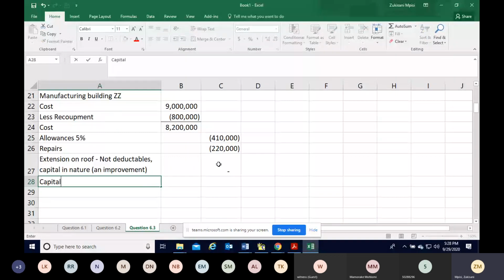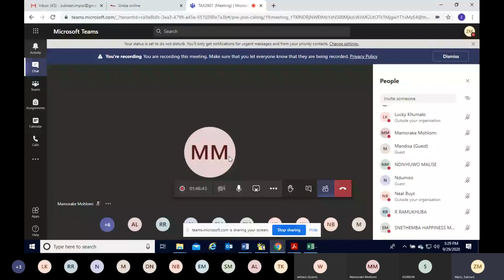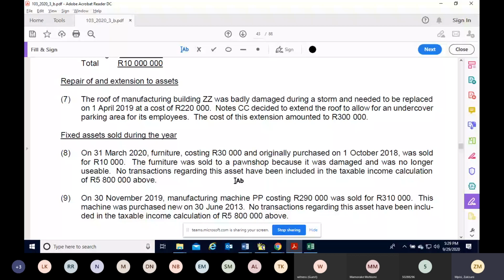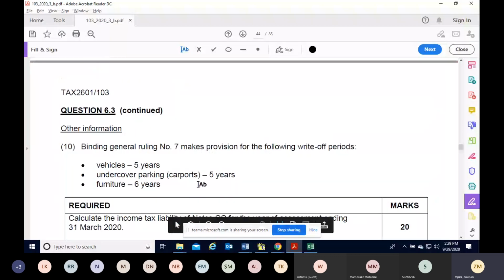Now you've got a new asset called undercover parking. The undercover parking cost you 300,000, and we see here binding general ruling number 7 makes provision for the write-off period of undercover parking to be 5 years.